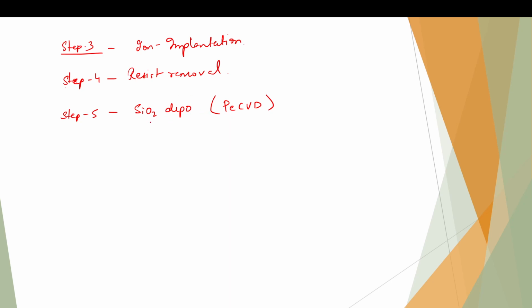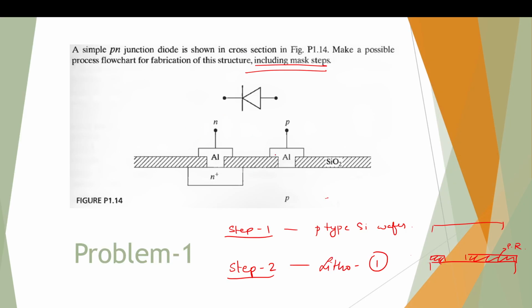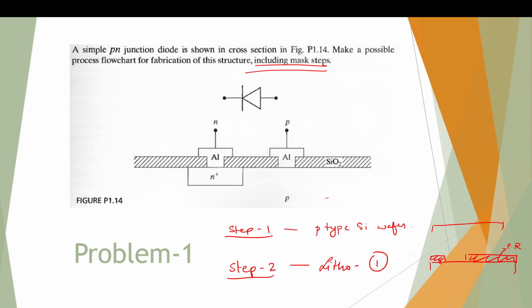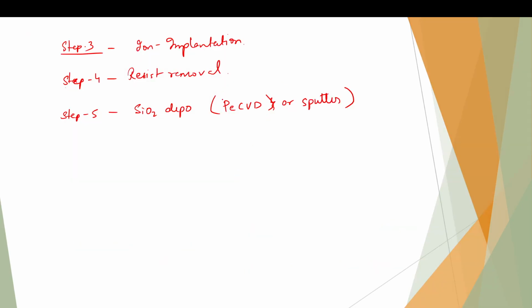So some deposition step, we can even do a sputter deposition. Sputter is room temperature. But then the quality will deteriorate. So we have to choose, based on the temperature budget of this device, between different CVD options and physical vapor deposition options.